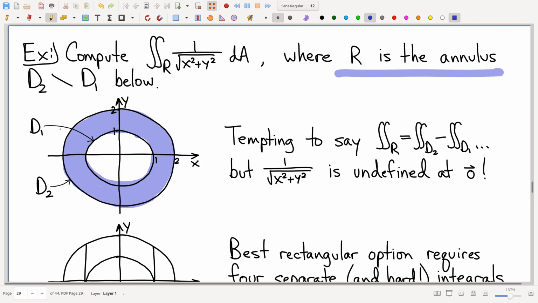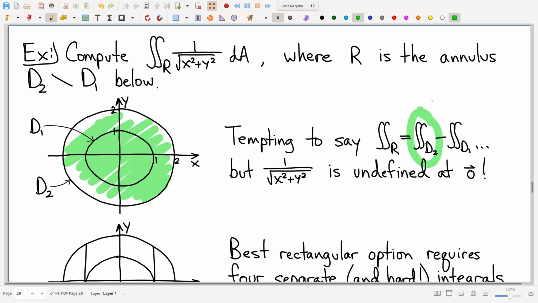let's first eliminate a couple of clever ideas that we might be tempted to try to follow. The first clever idea would be to compute the integral on this whole disk and then subtract the integral on this inside disk right there, so green minus blue.